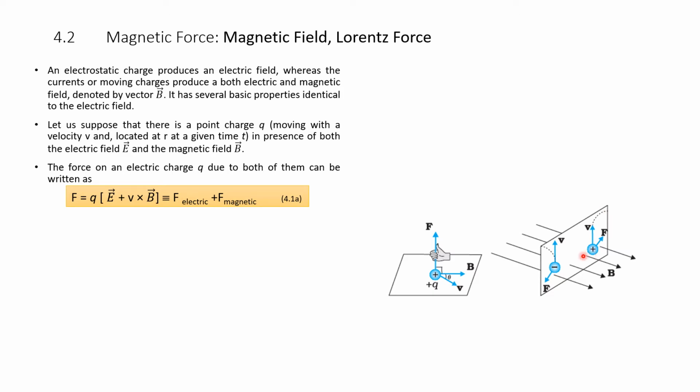Whereas, in the case of a negative charge, F is in the opposite direction, as I am showing. B remains the same, V also remains the same, but under the effect of force the path takes a turn towards the left. This diagram shows the force, magnetic field, charge, velocity vector and the angles.